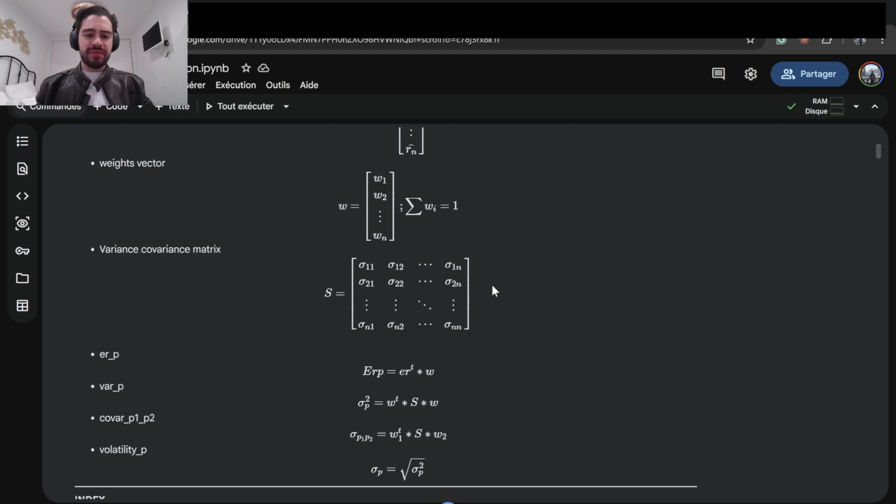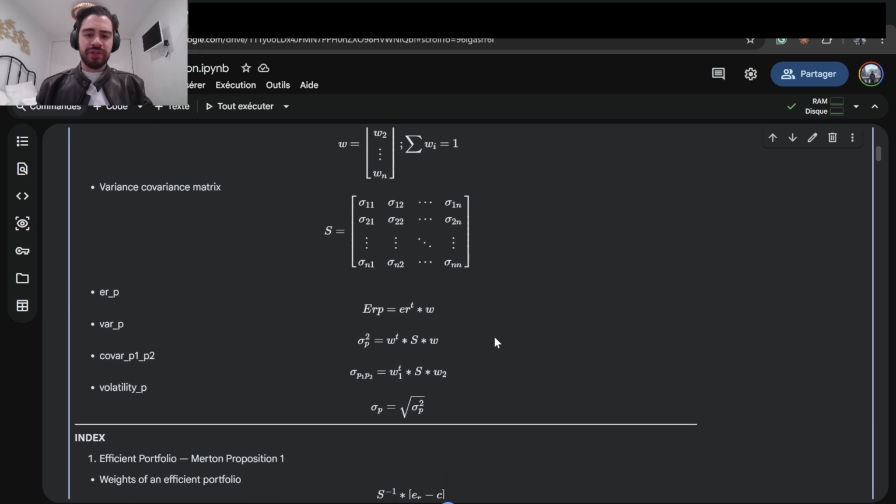Because of that, we're going to need to memorize some formulas, which are linear algebra, matrix multiplication, and we're going to be always using it. Also in SciPy, these are the parameters, and I'm going to show first some examples using Merton propositions, and lastly we're going to start using the SciPy library for optimizations and constraints.